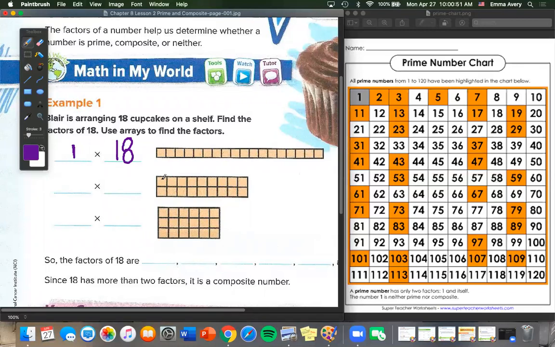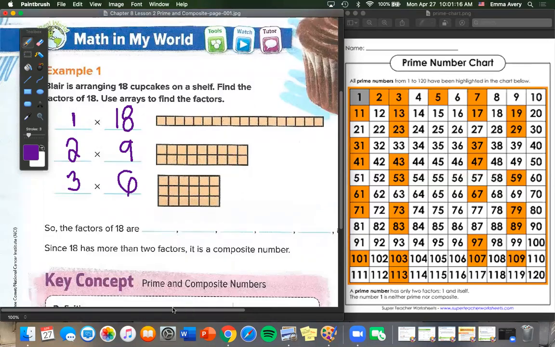So in this one, she has 2 rows and 1, 2, 3, 4, 5, 6, 7, 8, 9 columns. So that's another way we can arrange it. And we can also go 3 by 6. So there are 3 different ways she can arrange these cupcakes.